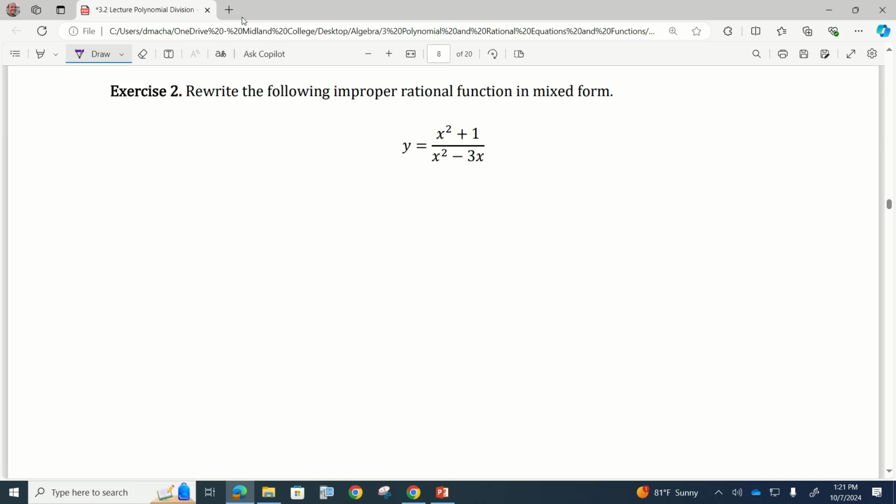So here, my improper rational function is x squared plus 1 over x squared minus 3x. So what should I add or subtract in the middle here to do the same trick?